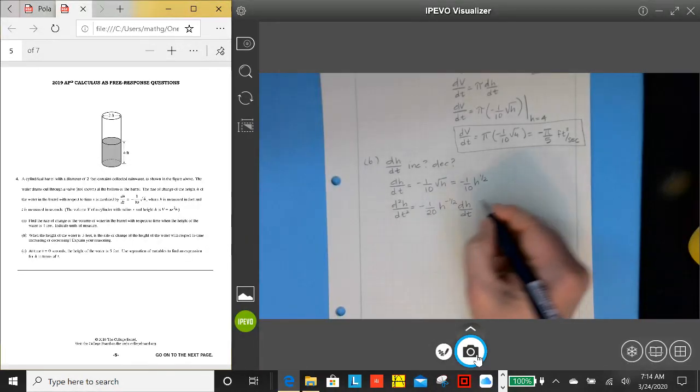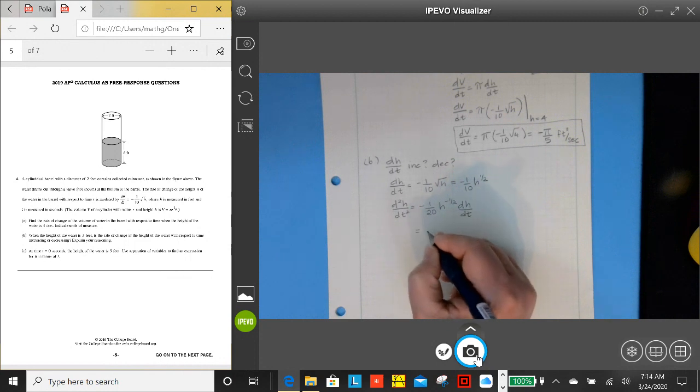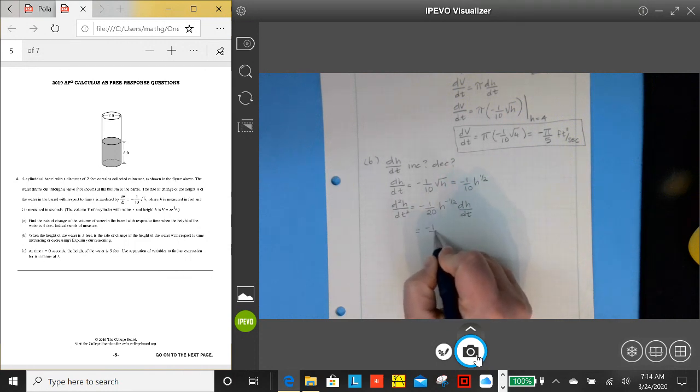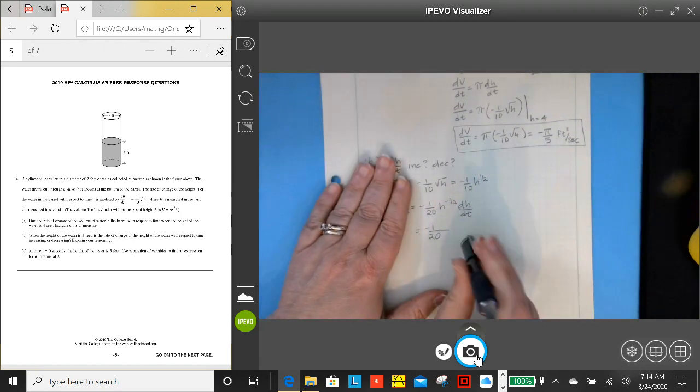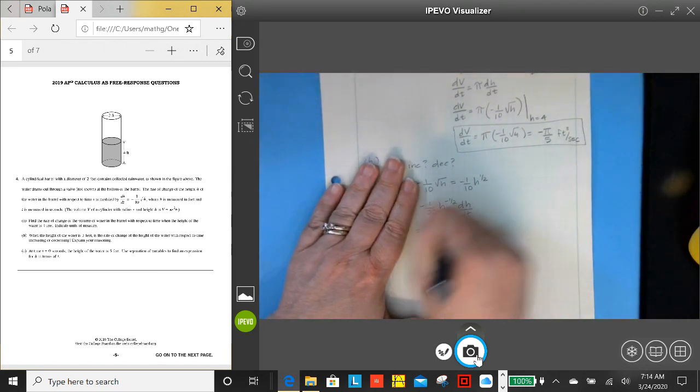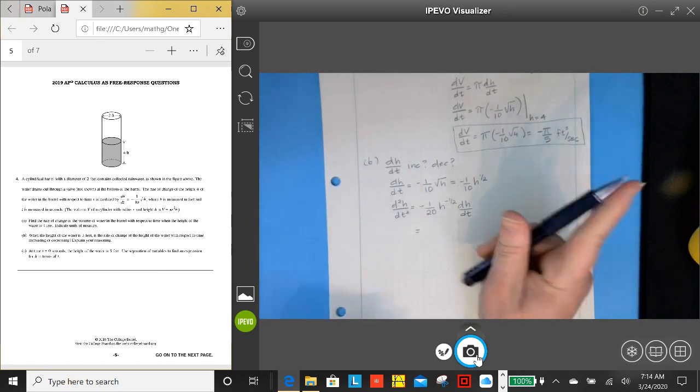And let's write that with the dH/dt in it. So this would be -1/20. I'm going to put the h to the -1/2 in the denominator.